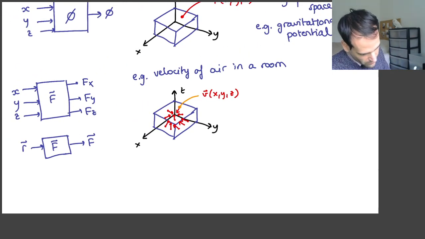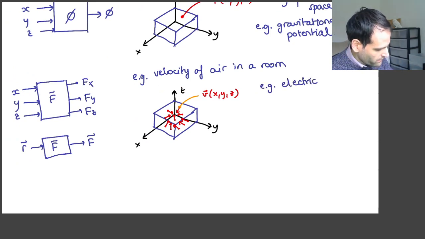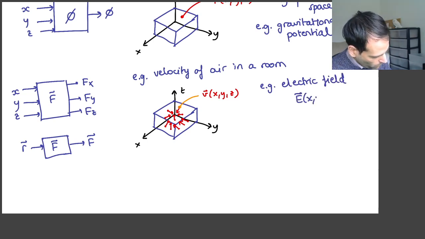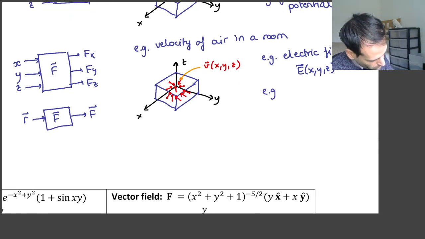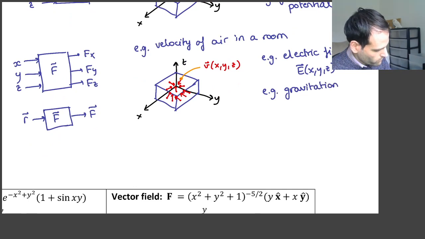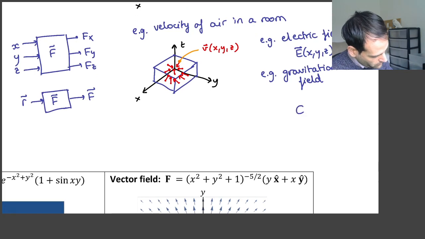Another example, less easy to visualize, would be the electric field. The electric field is an example of a vector field. And another example would be the gravitational field. So you can imagine the gravitational field if the Earth is here or any other mass, m.